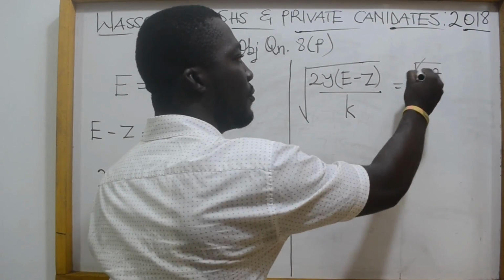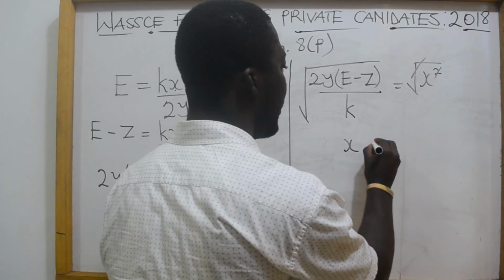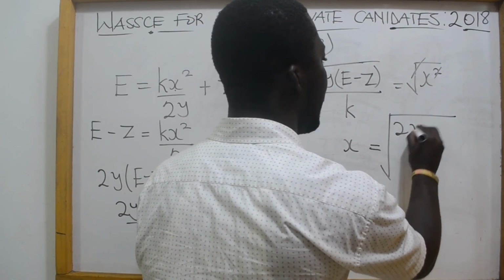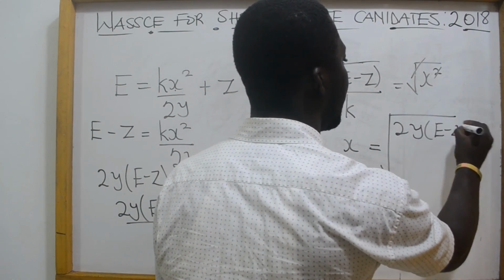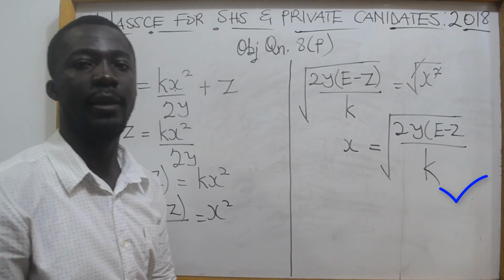Then the square root will take care of the square, and our final value for x is equal to square root 2y into bracket y minus z divided by k.